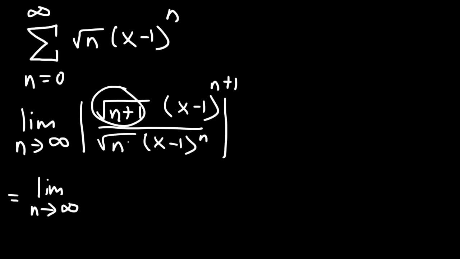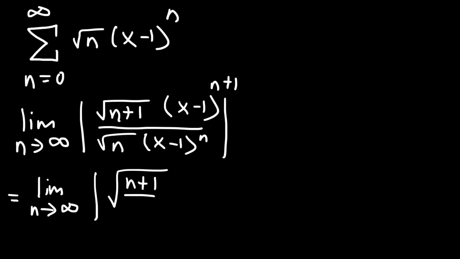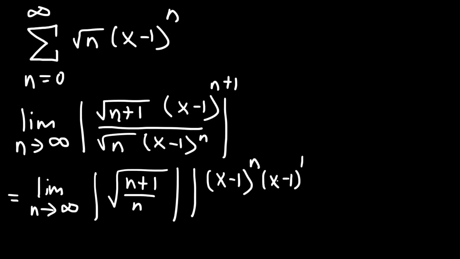Now both of these expressions are inside the square root, so I can write it as one expression, the square root of n plus 1 over n. Now x minus 1 to the n plus 1 is x minus 1 to the n power times x minus 1 to the first power. And so I can cancel these two.